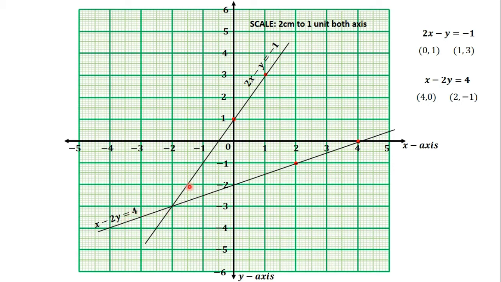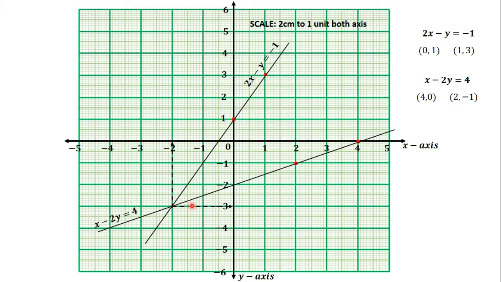Now you can see that those two lines will meet at a point. Those two lines will meet at the point, and yes, they are meeting at this point here. The x coordinate there and the y coordinate there are the answers to the equations that we have. So the x coordinate is the x answer. The point where they meet, when you trace it to the x-axis, you see that the coordinate there is -2.